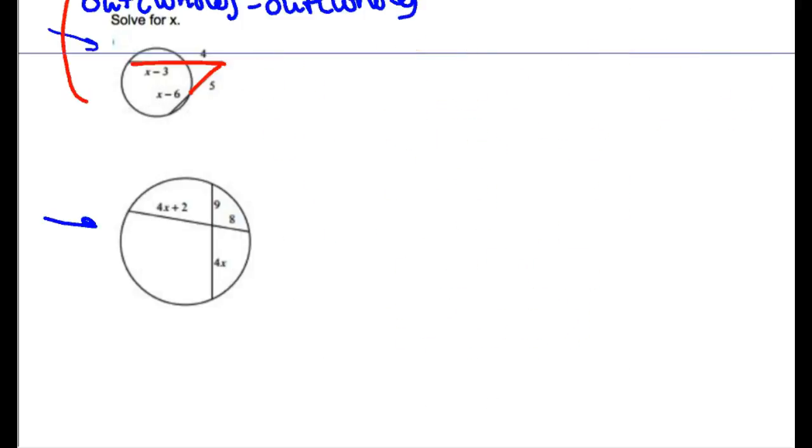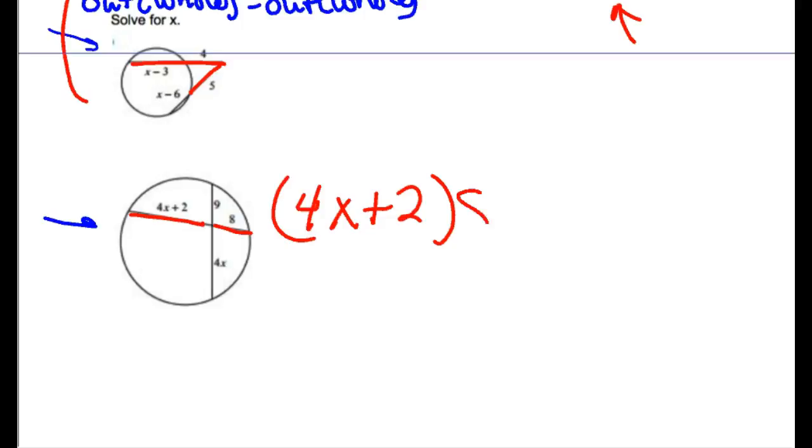This next one demonstrates the property that was in the second part of the concept box. It says this piece, 4x plus 2, times the other part, looks more like a 3, let's fix that, times the other piece, which is 8, is equal to this piece, 4x, times the other piece, which is 9.